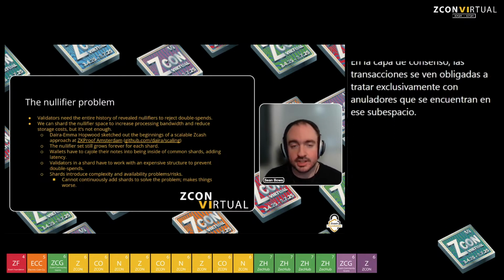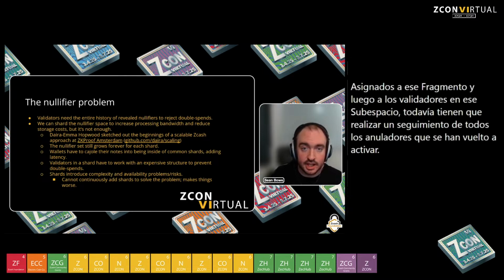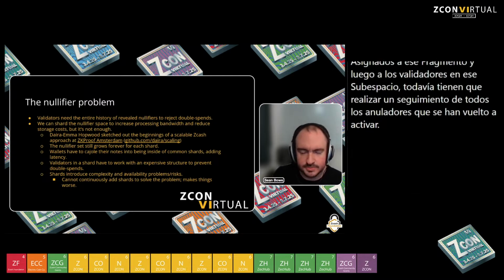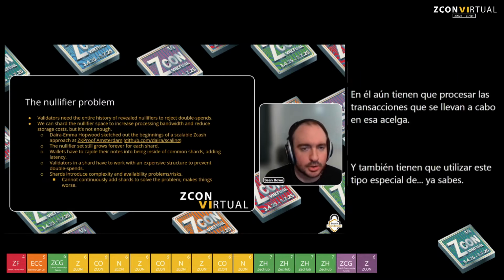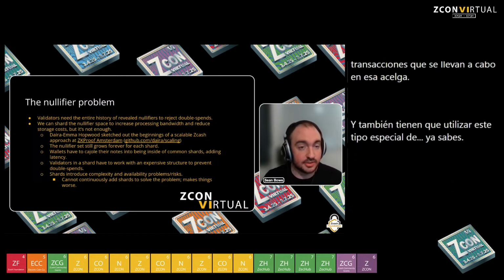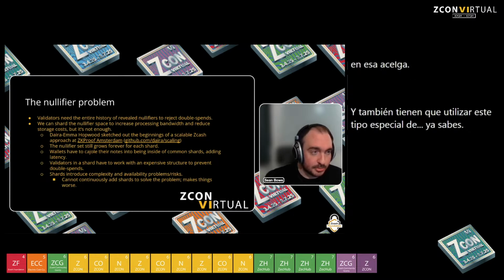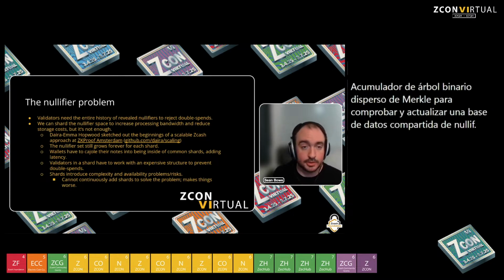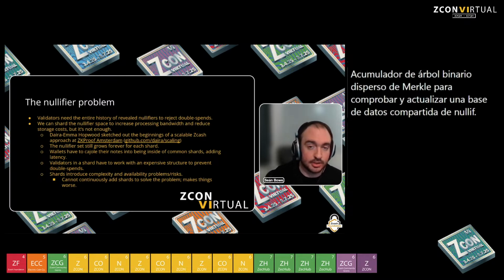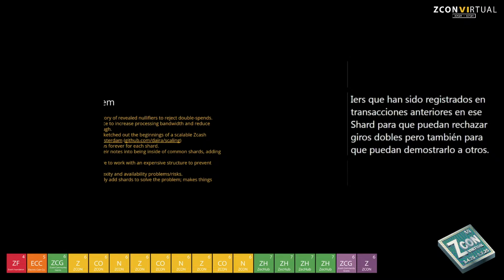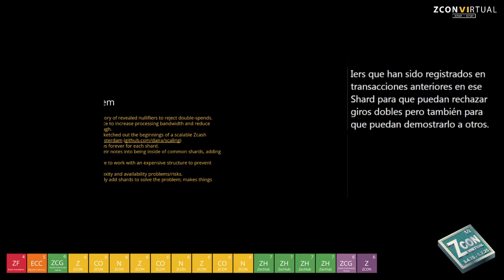They still have to process the transactions that take place in that shard, and they also have to use this special kind of sparse binary Merkle tree accumulator in order to check and update a shared database of nullifiers that have been recorded in previous transactions in that shard, so they can reject double spends, but also so they can prove to other validators, including the ones that aren't part of that shard, that they have been following the rules and they haven't been allowing double spends.